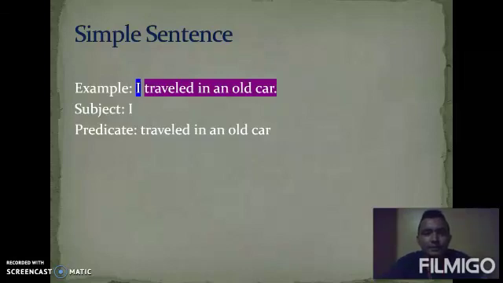A simple sentence has the most basic elements that make it a sentence: a subject and a predicate. For example, I travel in an old car. The subject is the pronoun I, and the predicate is travel in an old car.